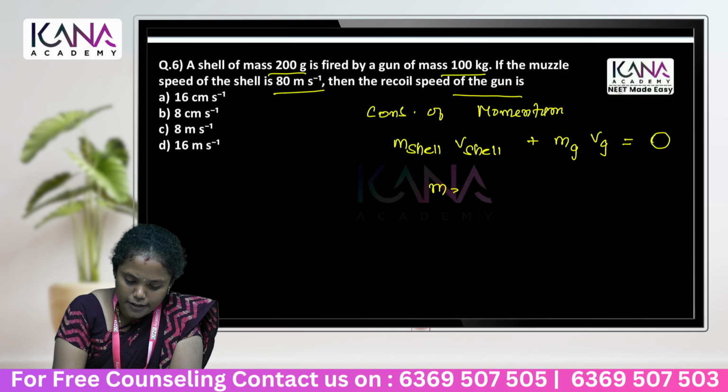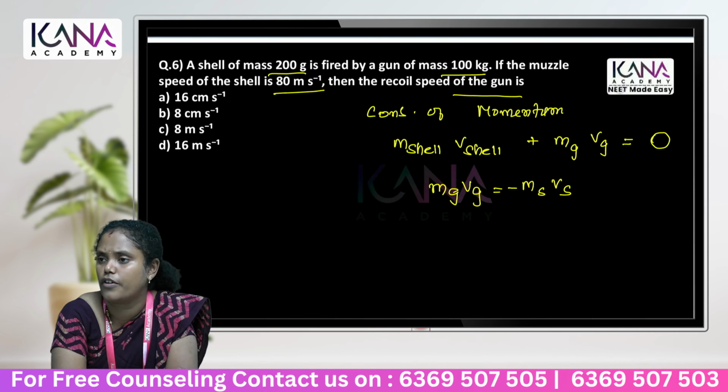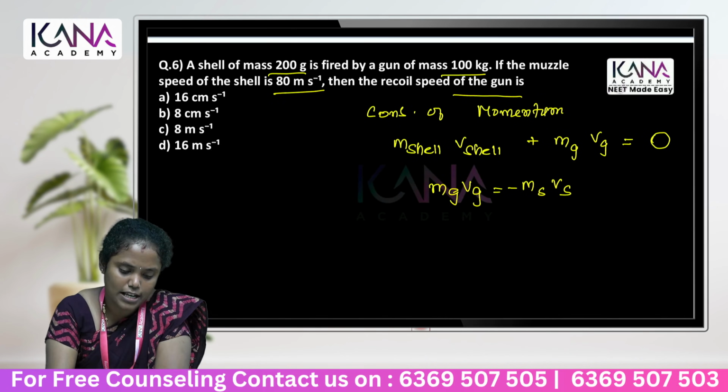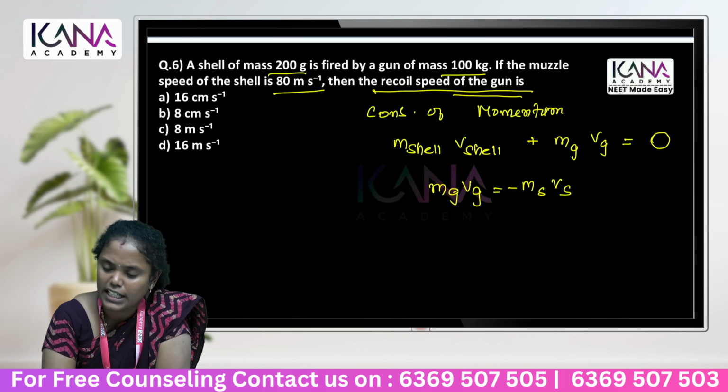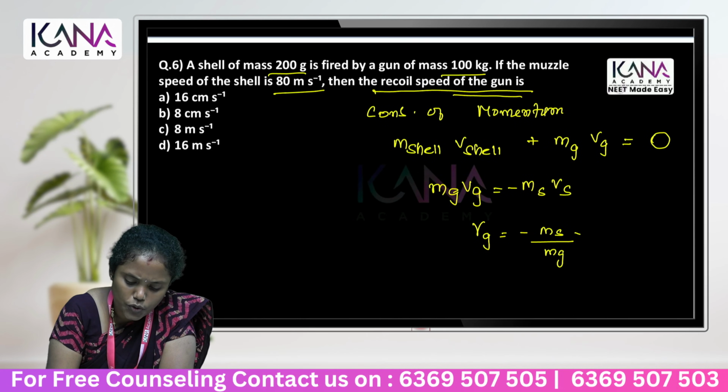Then mg into vg equal to ms into vs, as it is in recoil, so opposite direction. We are asked to find the recoil speed of the gun. So what should be vg? It is equal to minus ms by mg into vs.